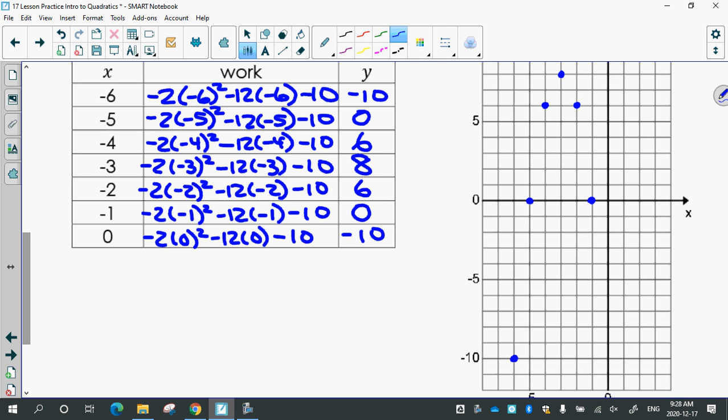And 0, 0 and -10. And do the points still look like that, once you've got your points sketched in your parabola?